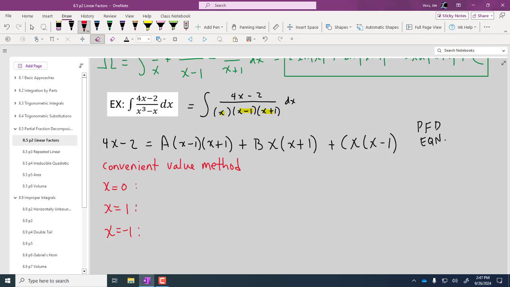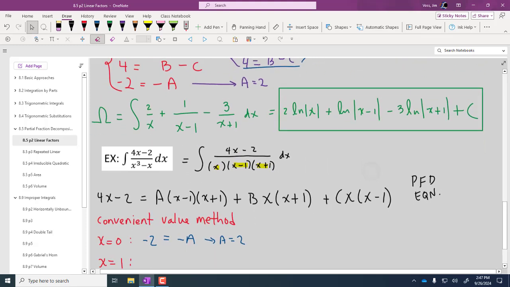Notice what happens. So we plug in 0 across the board. Plug in 0 on the left, we get negative 2. Plug in 0 on the right, we get negative a, plus 0, plus 0. We plug in a 0 for x, these two wipe out, done. A is 2. So we've got a is 2, which we got up there.